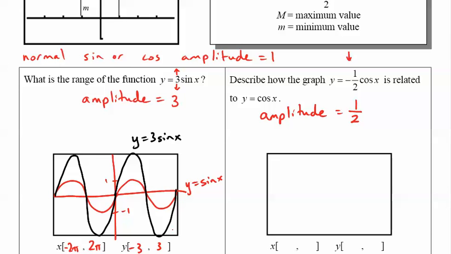So this one is now a compression and a reflection. Do you know which axis it's reflected in? X. Nice. Can you draw it without using your calculator? Yeah, sure.